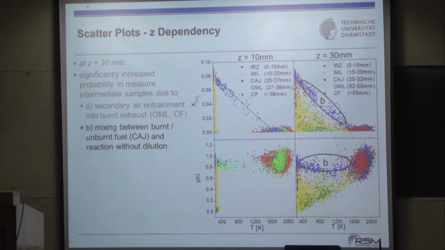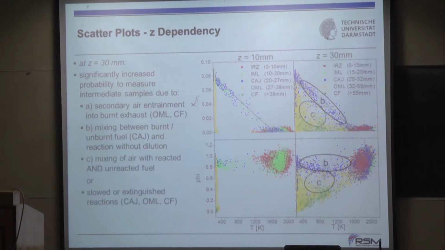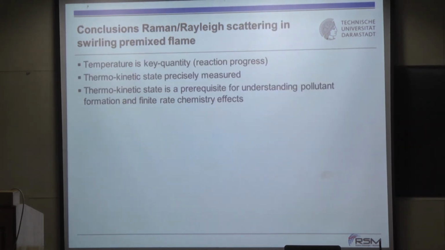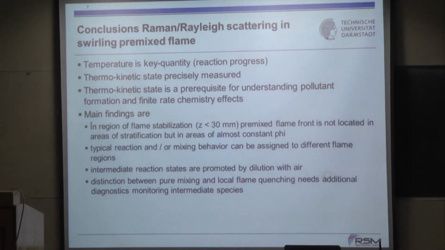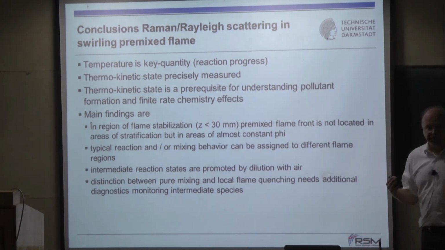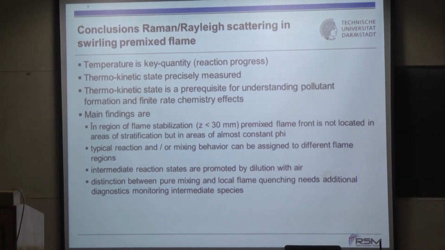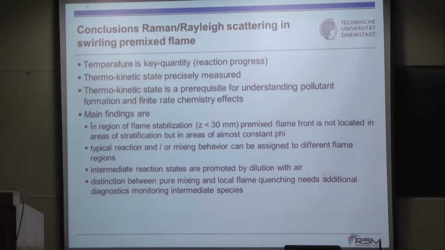Yeah, and that is something that is still ongoing, and it's not finalized, and is of course very important if you want to understand pollutant formation in such flames. All right, and so maybe the conclusions. Not so important to go through all of that. I hopefully made clear that this kind of experiment is of much more than just visualization and velocity measurements.